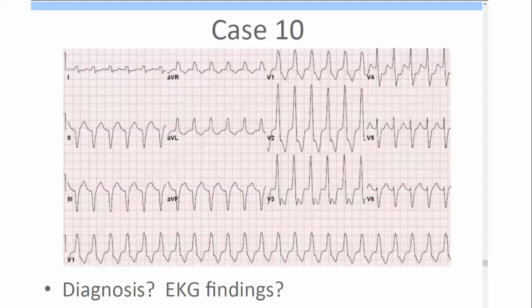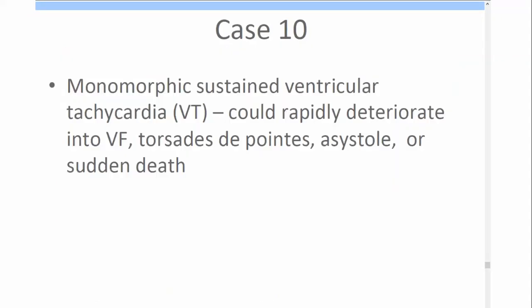What do you think is happening here? Is it regular? Yeah, it's regular. Is it narrow complex that would make you think SVT? No, it's not really narrow complex. It's wide. Okay, so we're thinking, well, maybe this is ventricular and fast. This is VTAC.